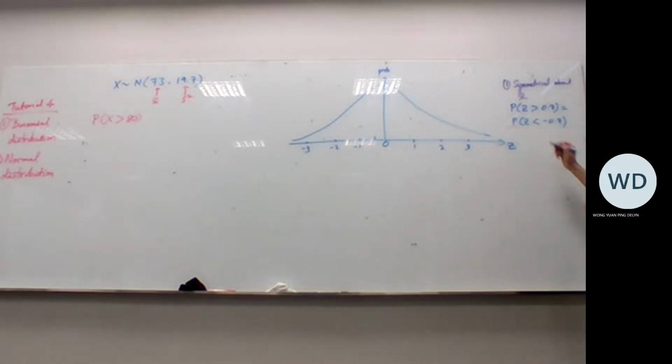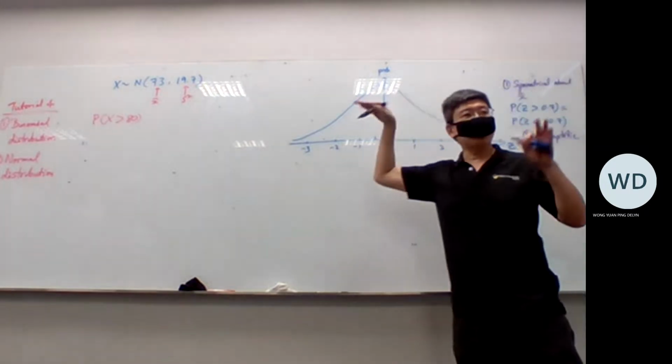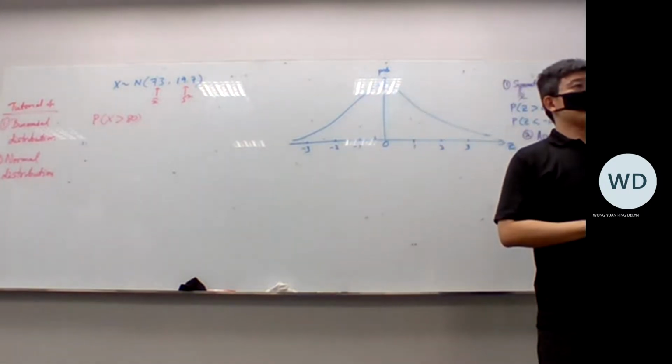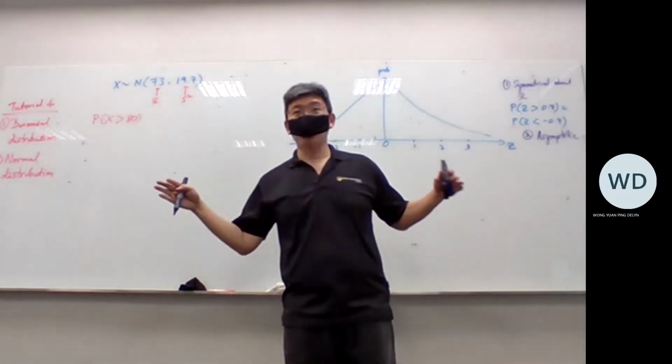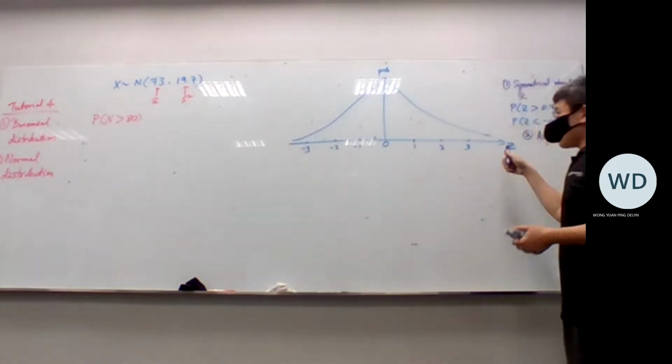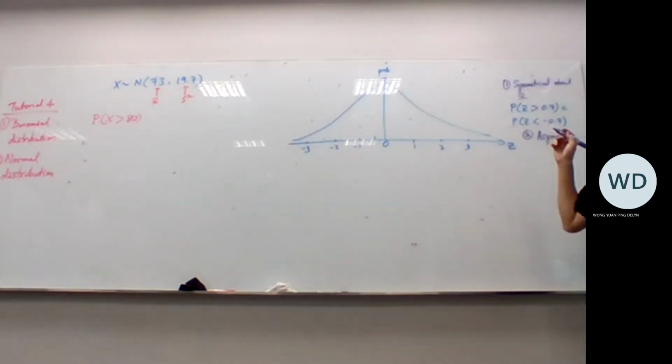The second thing that we know, we haven't learned this term yet, it's called asymptotic, which means that the line never touches the horizontal axis. Asymptotic. The line never touches the horizontal axis, which means that z can go from negative infinity to positive infinity.